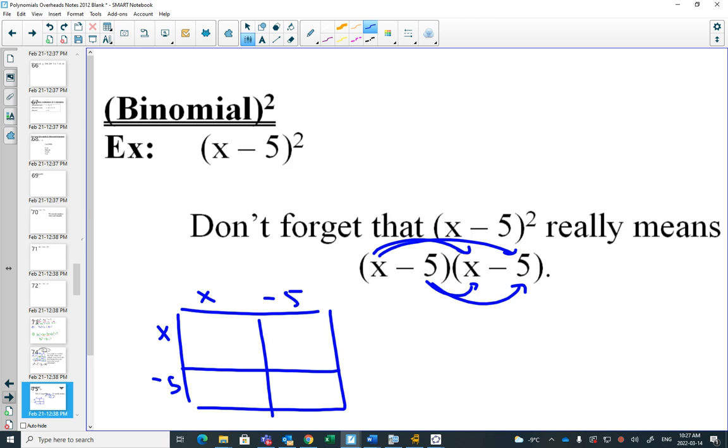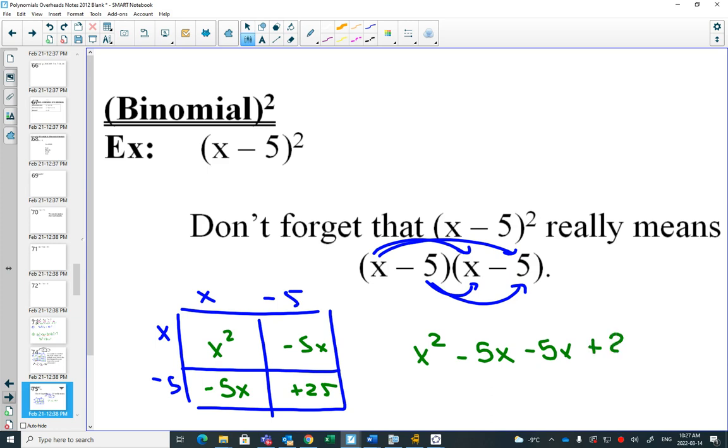If you were doing the chart method, you would fill these in. You would get x squared minus 5x minus 5x plus 25. If you were doing the arrows, your first arrow would give you x squared. Your outside arrows would give you minus 5x. Inside arrows, minus 5x.